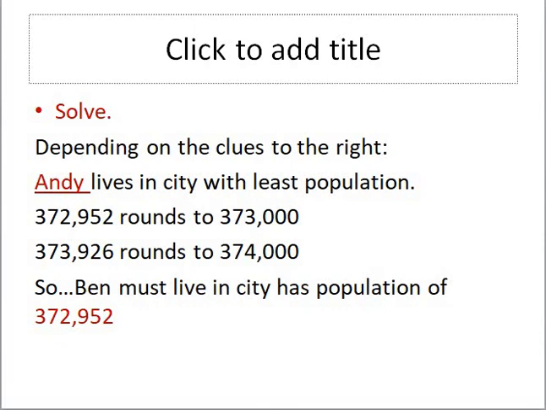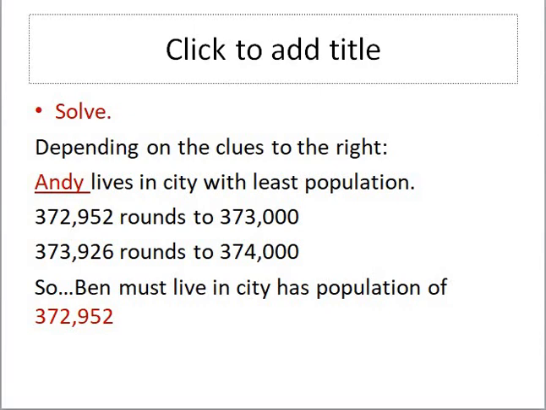And I find out that since they say Kelly's city, when we round, lives in the city that has a population of 374. So the only city left for me is the 952. Okay.